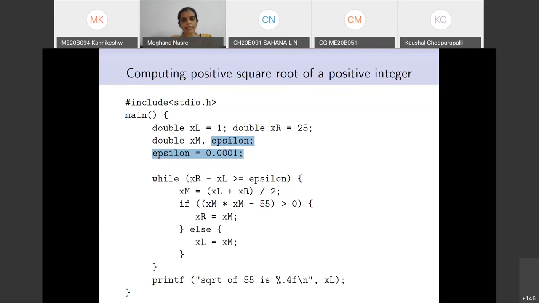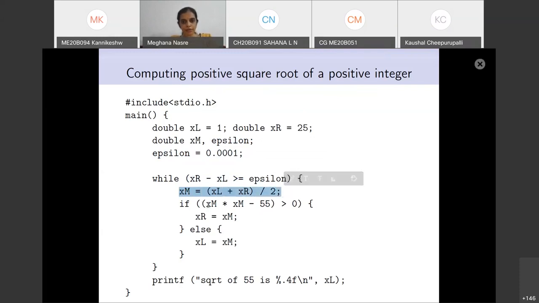As long as xr minus xl is greater than or equal to epsilon, you are going to keep refining your guesses. This is exactly what we said in the previous slide. xm, the midpoint, is computed.